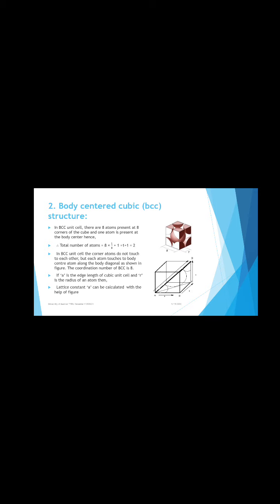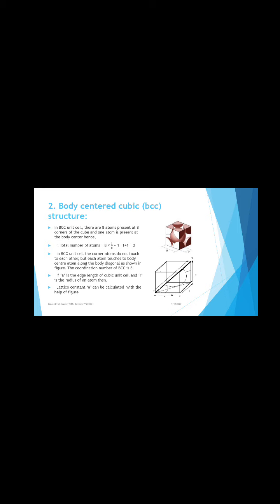Hence, the total number of atoms present in a BCC type unit cell is equal to 8 into 1/8 portion of every corner of the unit cell plus one complete atom which is present inside the unit cell. So, the total number of atoms present there is 2.